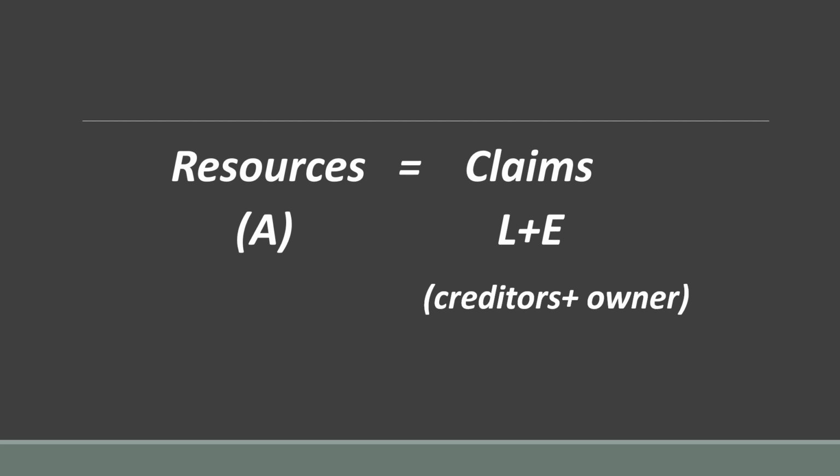So paano naman natin masasabing it is a claim of creditors. So, a resource is claims of creditors. So, for example, si company, walang enough na resources. So, they filed a loan to a bank or to an external creditor. Ngayon, na-approve yung loan. So, nakatanggap ngayon si company ng cash because of that loan application to a bank.